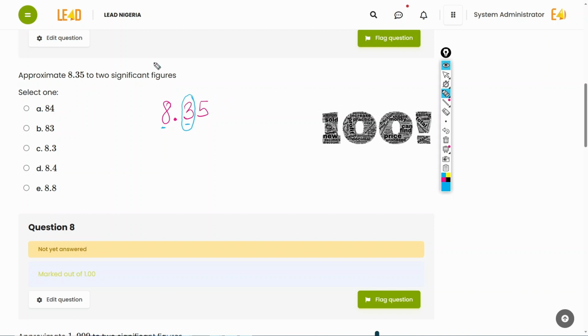Is 5 a strong number? Yes, 5 is a strong digit. It's going to be plus 1 because it's a strong digit. If it was a weak digit, we would have done plus 0 to the target digit. So this would be 8.3 plus 1 is 8.4. The digits to the right of the target position change to 0. So 8.40 or 8.4. That's D.